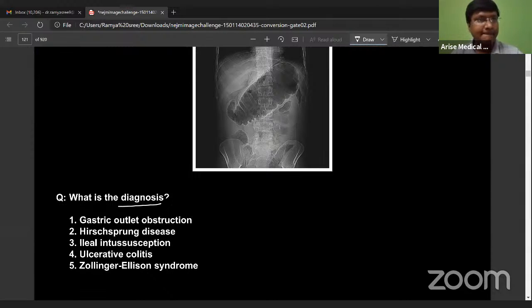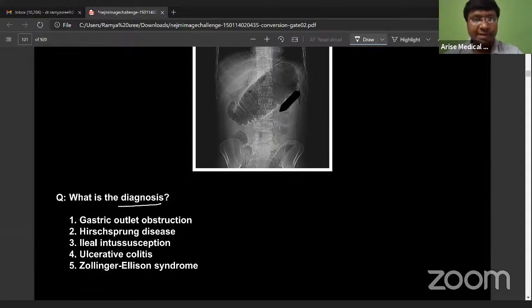Anyone? Not Zollinger-Ellison syndrome. Pooja Selvan: gastric outlet obstruction.